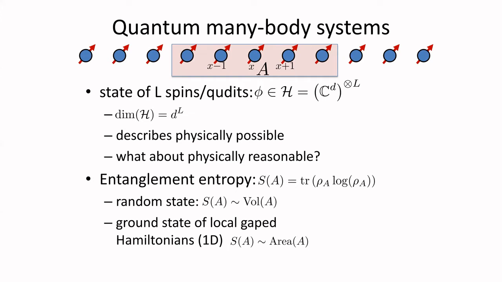Namely, if we pick a random state in the Hilbert space, then the entanglement entropy will satisfy a volume law. So it will scale with the number of subsystems within our subset A, whereas physically relevant states like ground states of local gapped Hamiltonians in one dimension will satisfy an area law, where in one dimension the entanglement entropy stays constant even if we increase the system size.